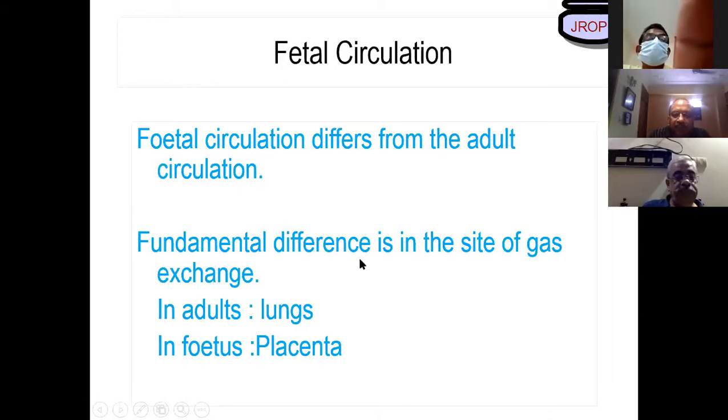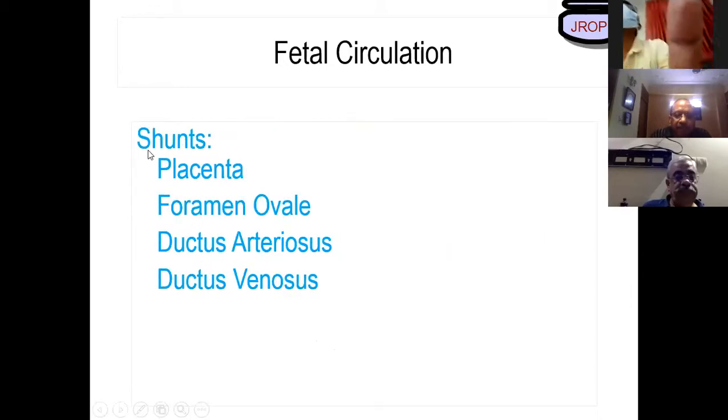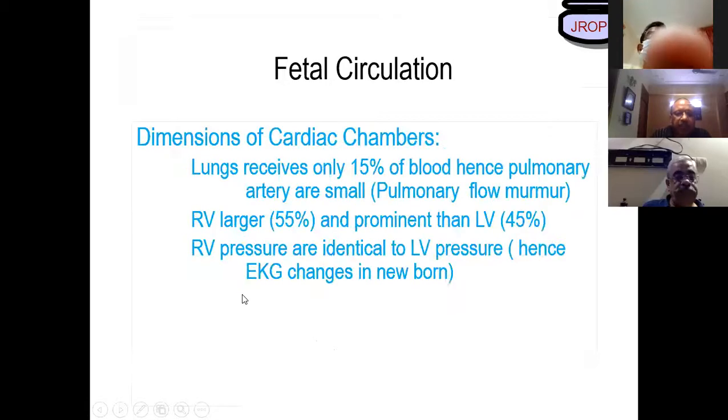What are the fundamental differences? In adult, we have the lungs for the exchange of blood. Here in fetus, it's the placenta which is the exchange of blood. Now, shunts, as I said, are at placenta, foramen ovale, ductus arteriosus, and ductus venosus.